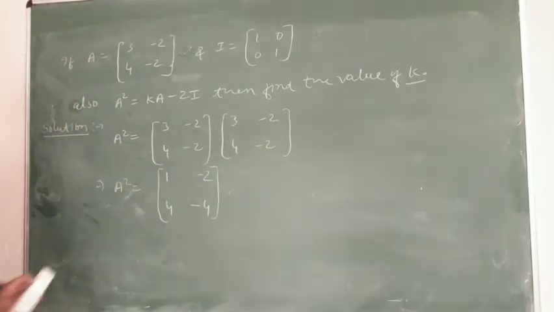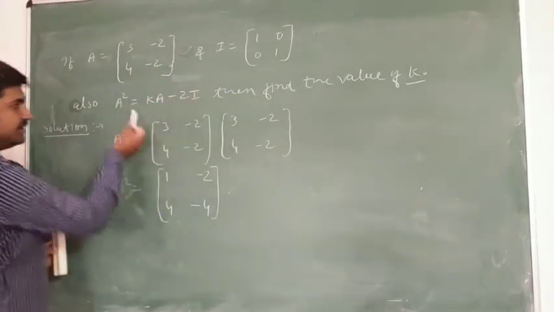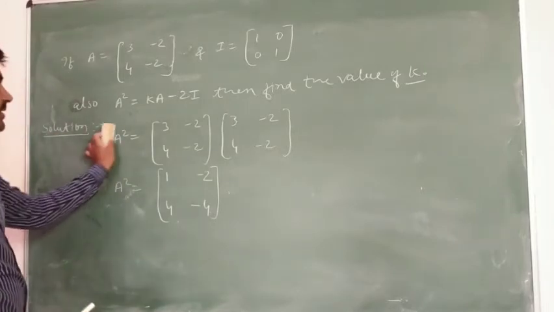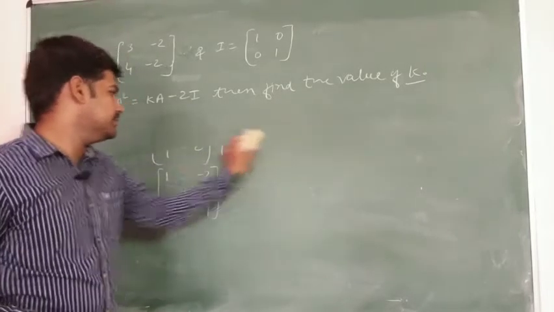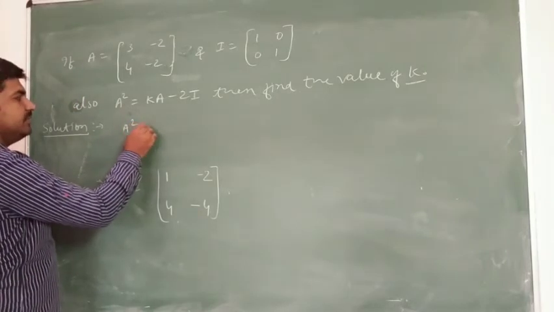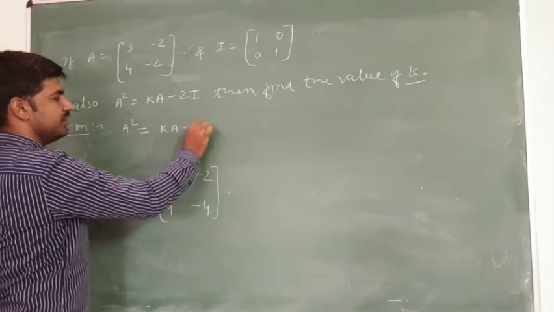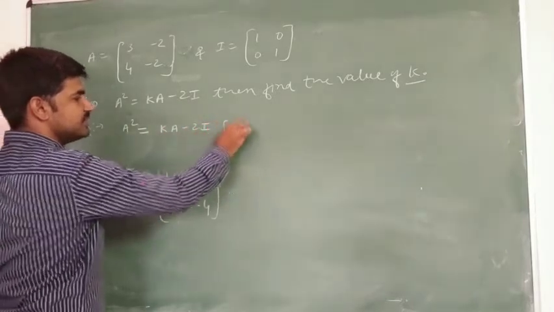Now after we have got A square, students, we will be putting the values of A, I and A square in the given equation. So let us do that. We have A squared is equal to KA minus 2I, as it is given.